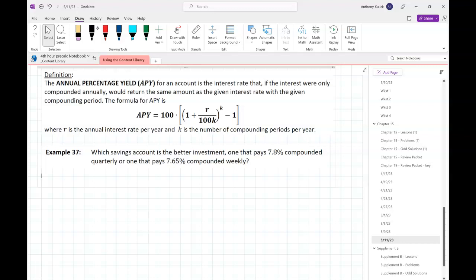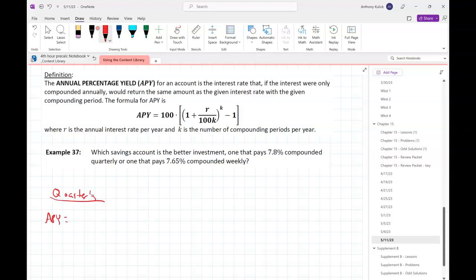All right. So here it says, we're asked which savings account is better, one that pays 7.8% compounded quarterly, or one that pays 7.6% compounded weekly.